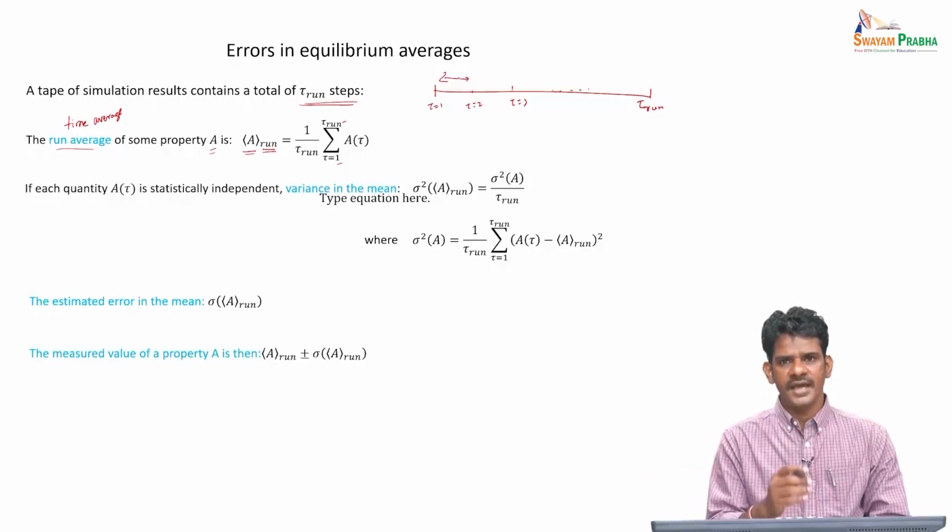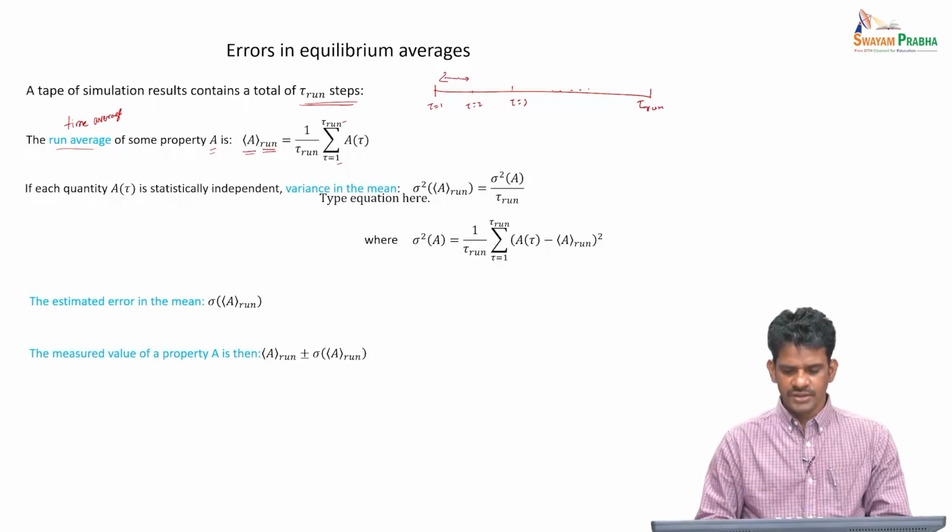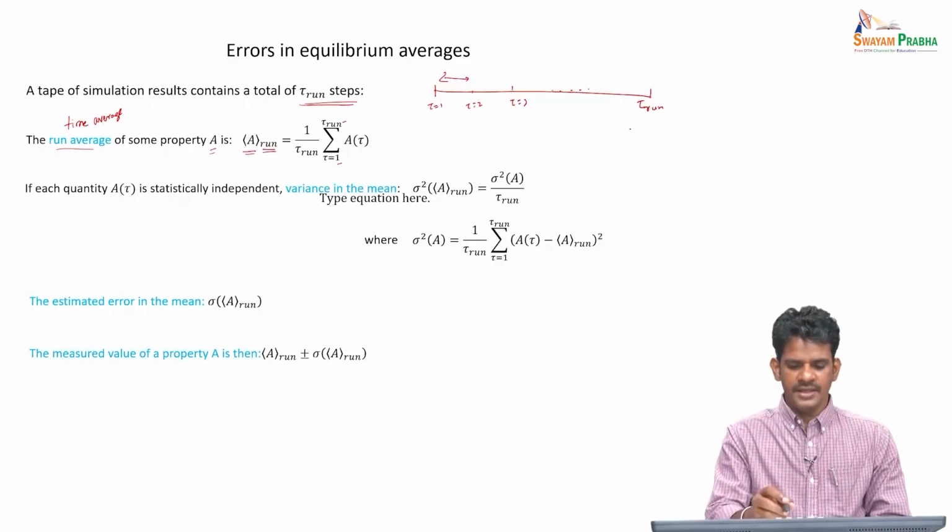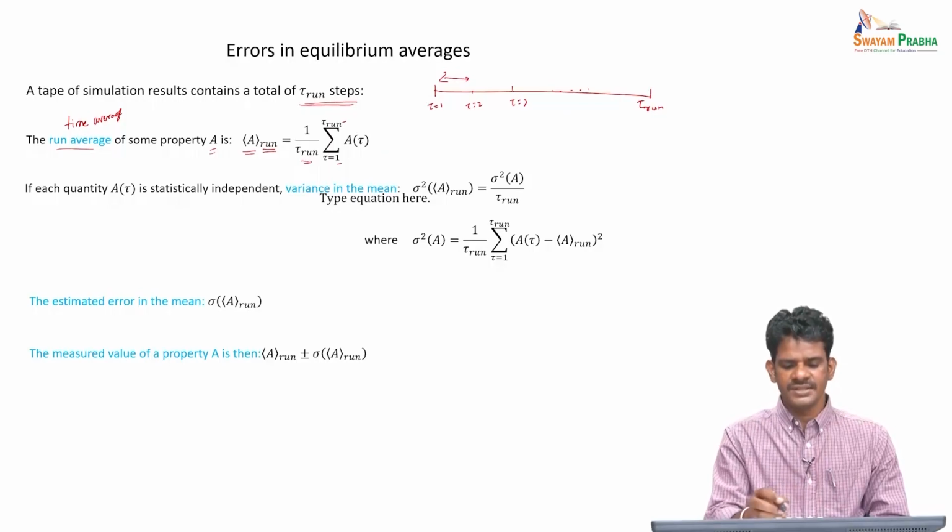These need not be at every time step. It may be written once in 10 time steps or once in 5 time steps, etc. Now if you have this discrete set of properties, we sum all these properties and then average over the total number of run steps. This is a simple arithmetic average of the property A.